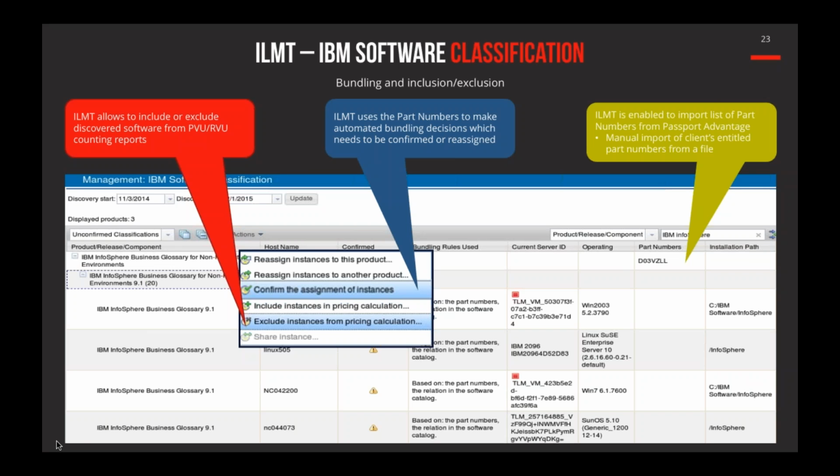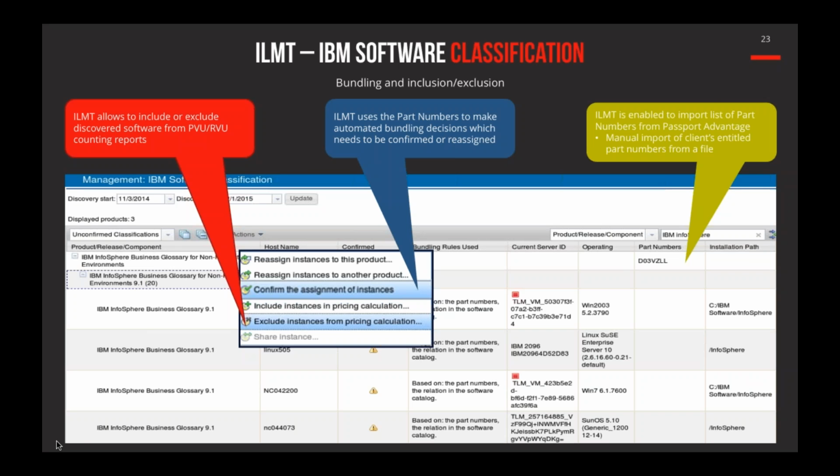Yeah, the software classification, I would say it's probably the hardest piece. And just a quick comment on that, that is the reason why the majority of ILMT implementations fail, because to actually classify a product correctly, you have to understand IBM licensing in detail. You also have to know where to go away and get the data.